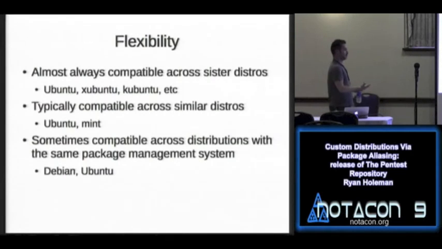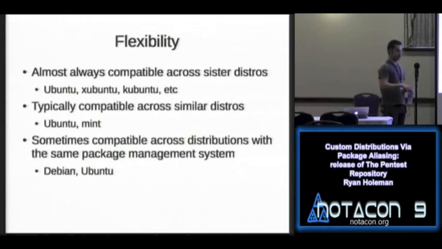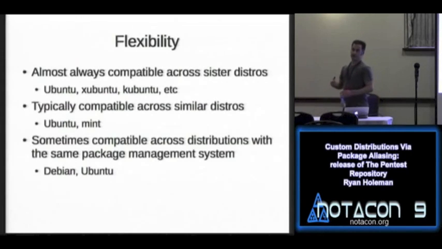And sometimes they're compatible across distributions that just use the same package management system, right? A Debian repository is not going to be the same as an Ubuntu repository, but typically the packages within them have similar names. So depending on what you pick to install into your package using aliasing, you might get lucky and it could work.